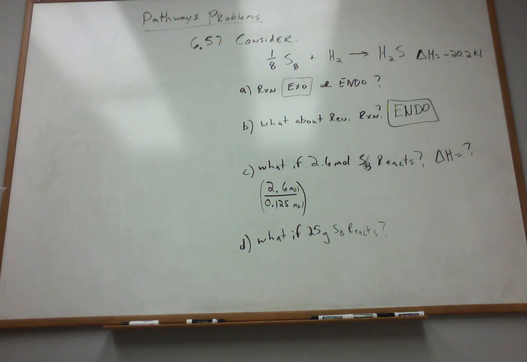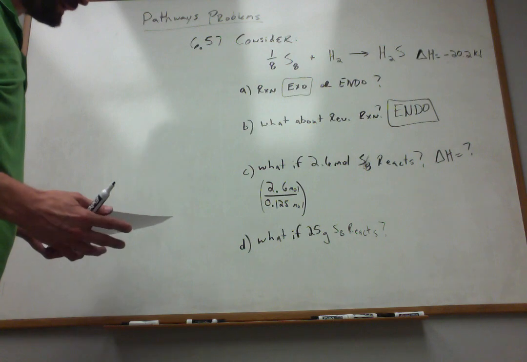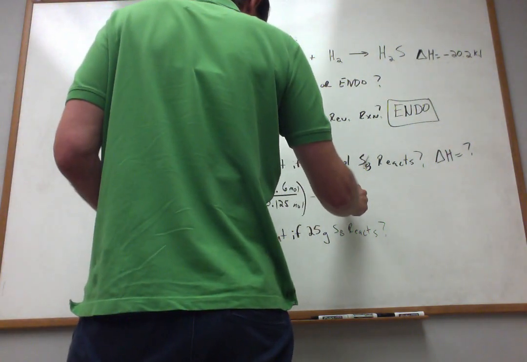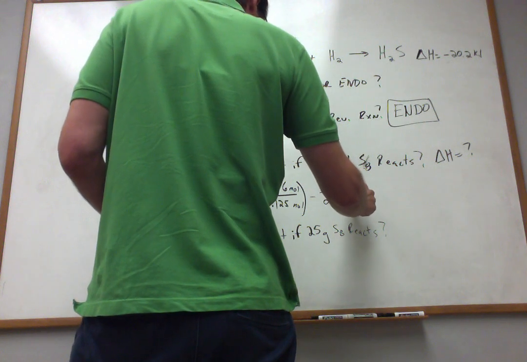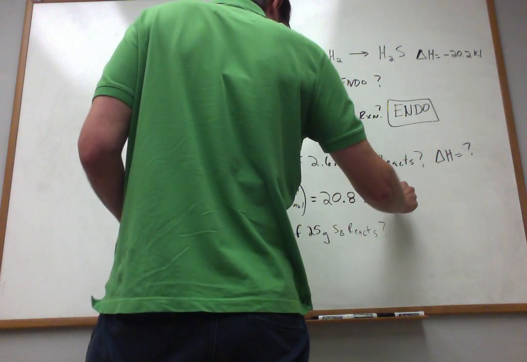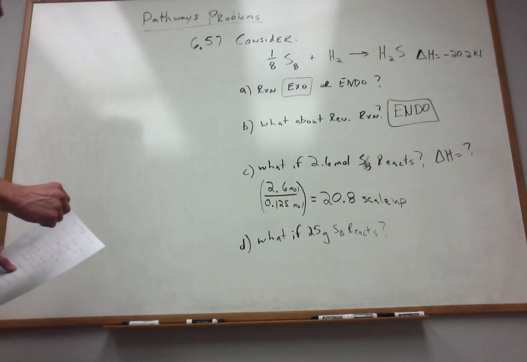So what I'm basically doing is scaling up my reaction by this ratio. Now, if I compute that, it looks like here on my notes sheet, I've scaled up the reaction by about 20.8 times.